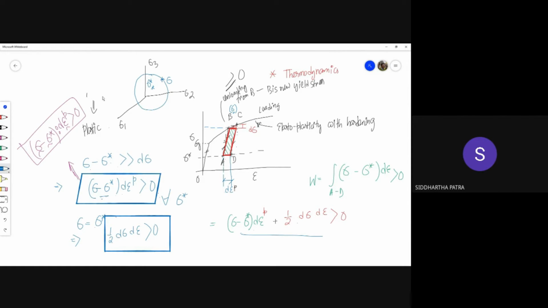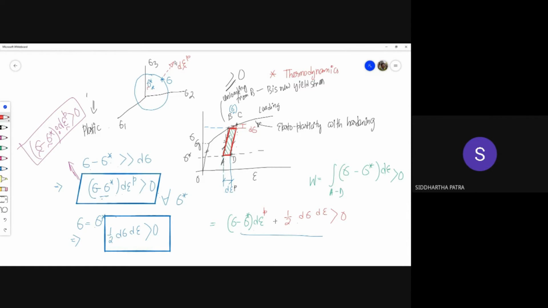Although this is stress space, not strain space, for the sake of direction only, if I were to show the differential strain vector, this is your sigma star vector, and this is the current stress vector in principal directions.